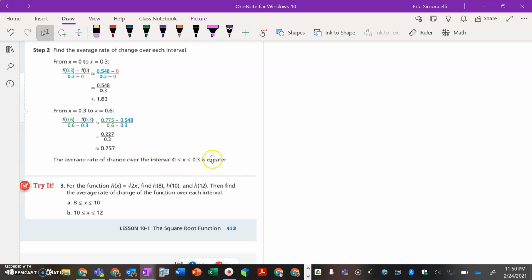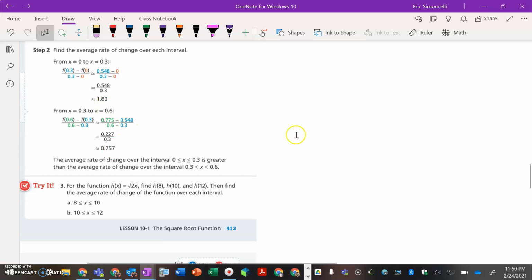So when it's all said and done, now we have, of course, those two slopes, or average rates of change, same thing. So between 0 and 0.3, again, we got 1.83 versus 0.757, which of course is a smaller number. So the average rate of change over the interval between 0 and 0.3, compared to 0.3 to 0.6, is bigger.